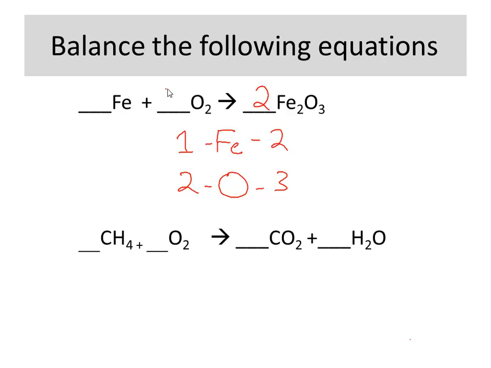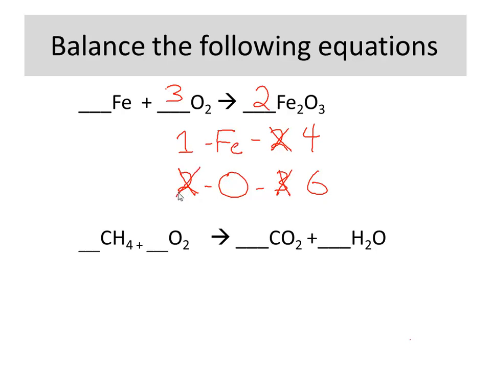How many Fe's do I have now? Now I have 4 Fe's here. How many O's do I have? 6 O's here. I have a common multiple. I can make that here. How many O2's do I need to get 6? 3. I need 3 of these.